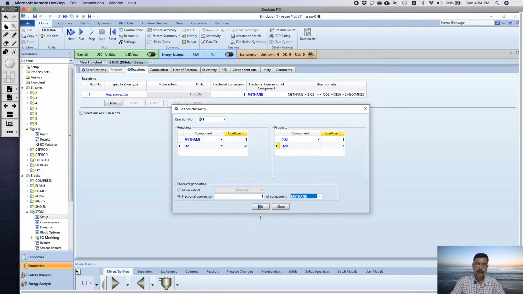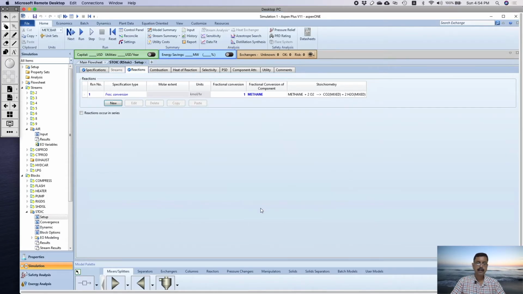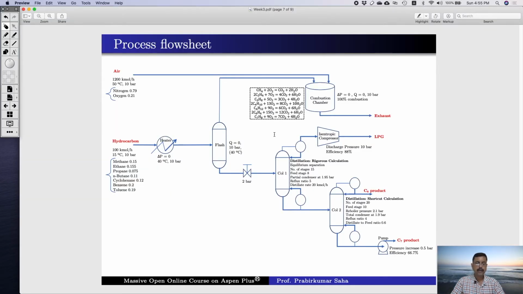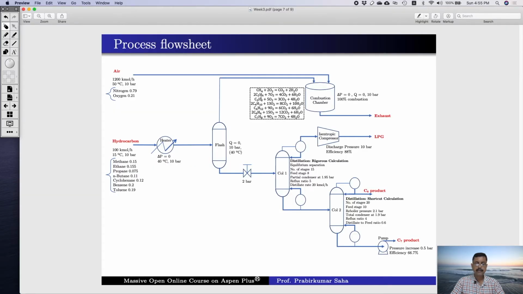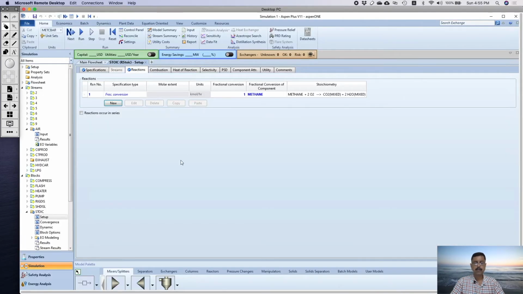So we write next. Now it is showing it is complete because it really doesn't know whether there is any more reaction going on. So it is showing reaction complete, but you have to give all other 6 reactions which are written over here. You have to add in all the reactions to make it complete.